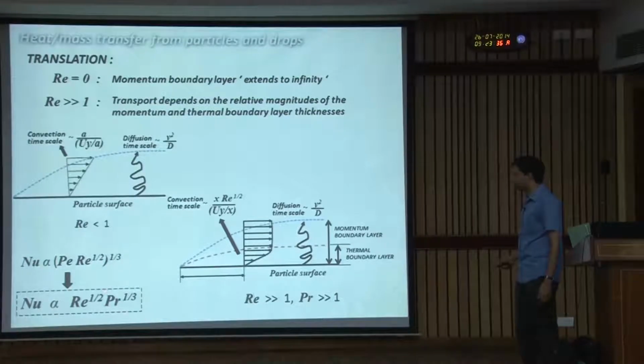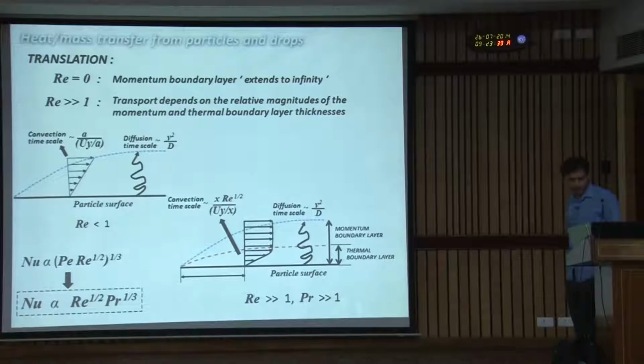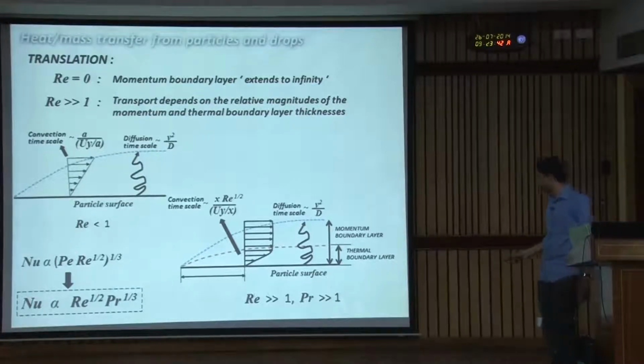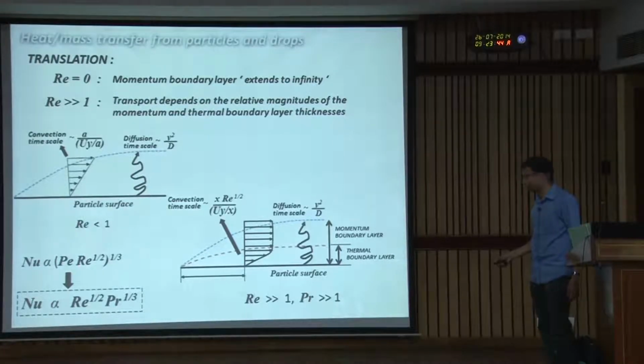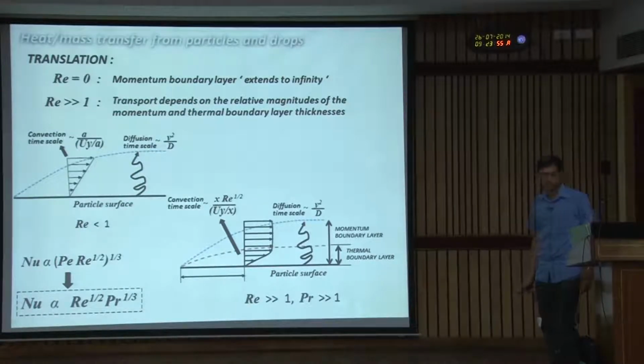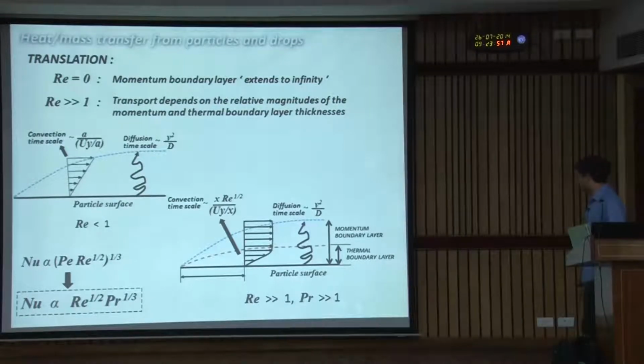So what John Hinch was saying is that this would become Reynolds to the 1/6. So it's Peclet to the 1/3 times Reynolds to the 1/6. But then I use the fact that Peclet is Reynolds times Prandtl, and I convert it into a Reynolds times Prandtl. Okay. Right. So now we look at the complementary case when Prandtl is very small.